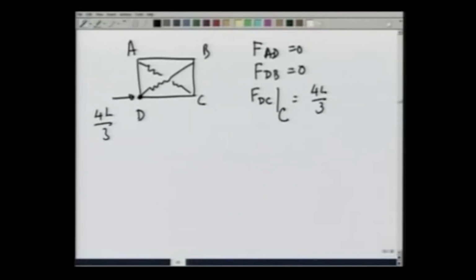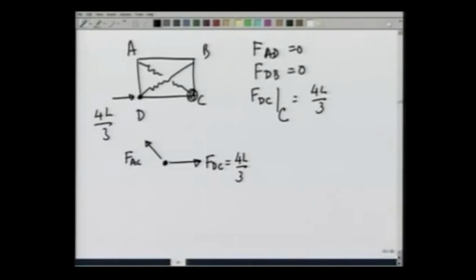Let us now look at point C. Point C is under a force F_DC, which is 4L by 3. There is a force, and I am already anticipating the right direction, F_AC, pulling it in.